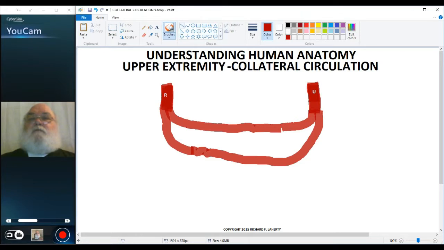And like I did when we talked about these, I'm going to draw some black lines to indicate the junction between the deep palmar branch and the deep palmar arch, and the superficial palmar branch and the superficial palmar arch. So let's put some labels in.